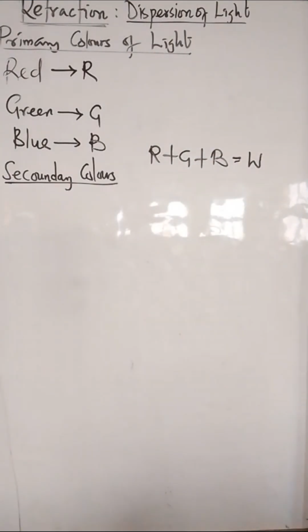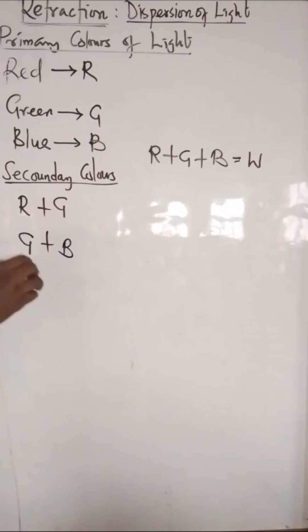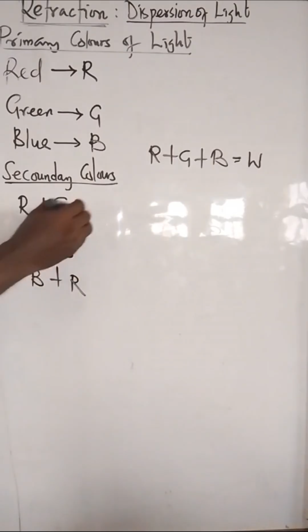Very important. Secondary colors are gotten when two primary colors are mixed in the same proportion. Red plus green, green and blue, blue plus red.